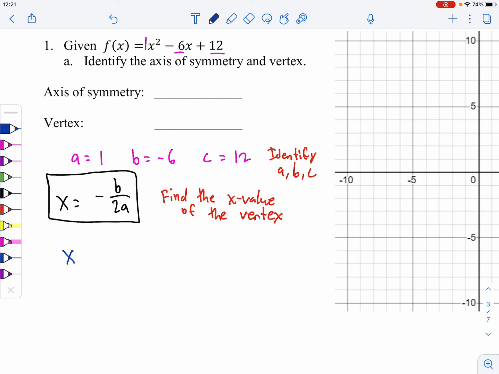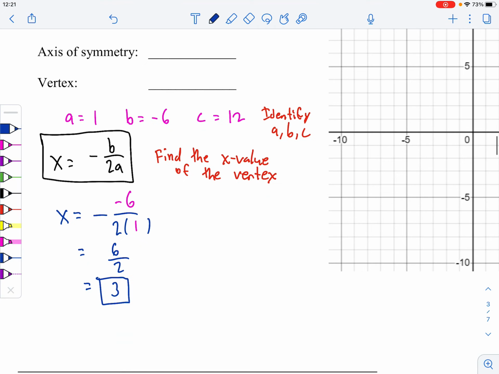So let's calculate this right here. x equals negative, and then your B is -6, over 2 parentheses, and your A is 1. We're going to calculate that out. So we got -6 was +6 over 2 times 1, 2, which is 3.